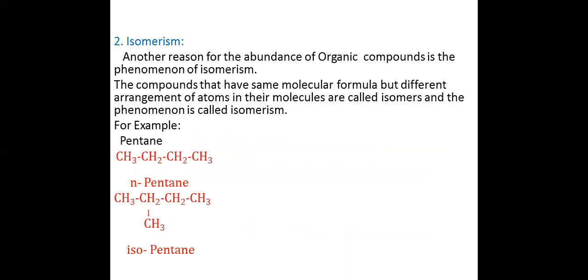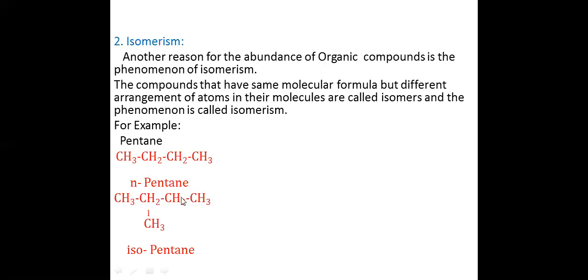What is isomerism? The compounds that have the same molecular formula but different arrangement of atoms in their molecules are called isomers, and the phenomenon is called isomerism. For example, pentane means a five-carbon compound. This is butane, one, two, three, four, a four-carbon compound.